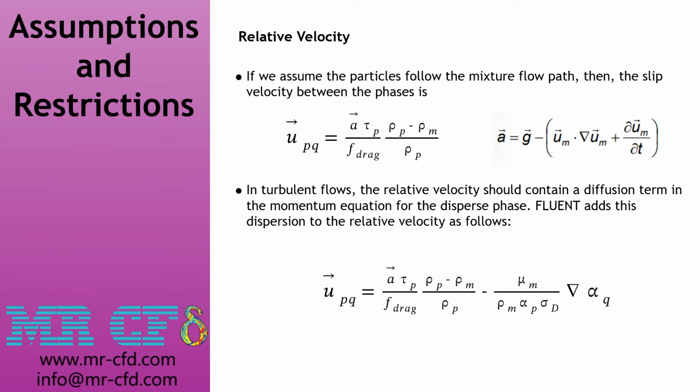If we assume the particles follow the mixture flow path, then the slip velocity between the phases can be calculated through the two equations shown in the middle. However, in turbulent flows, the relative velocity should contain a diffusion term in the momentum equation for the dispersed phase. Fluent adds this dispersion to the relative velocity as in the equation shown at the bottom of this slide.